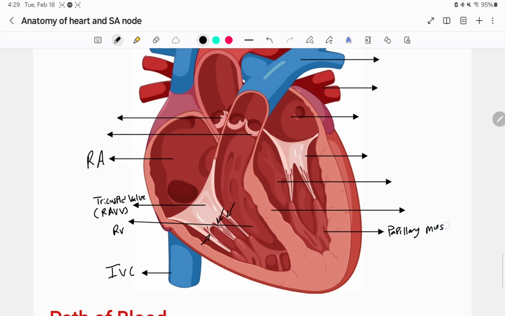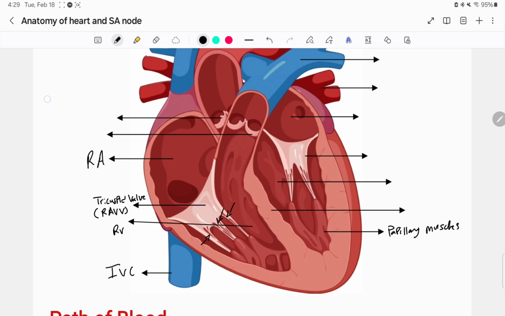And essentially, when the ventricle contracts, these tendinous cords hold on to this valve extremely tightly due to the papillary muscles contracting. And this prevents the valves from backflowing in this direction. All the valves are just little flaps, okay?